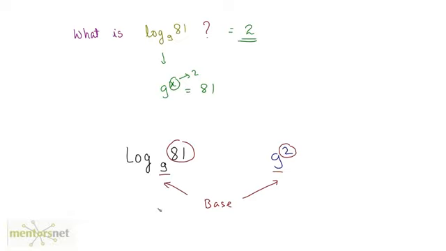Alright, now you know that a logarithm has a base, right? In the previous problem we solved, log of 81 had base 9. So if the base of this logarithmic expression is 10, it means that this is a common logarithm.